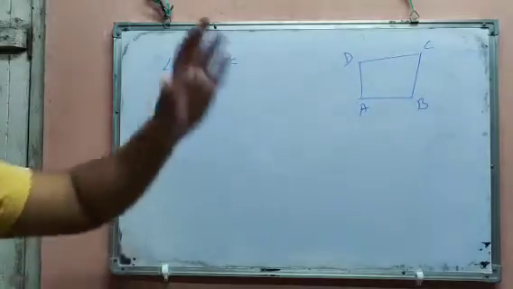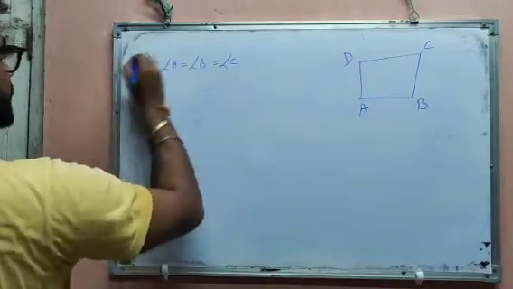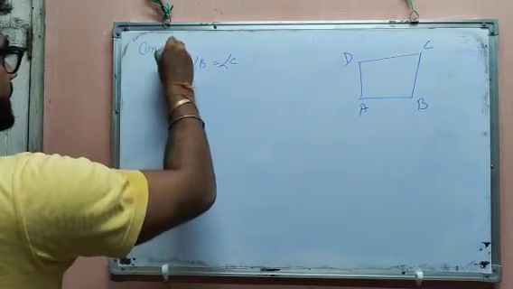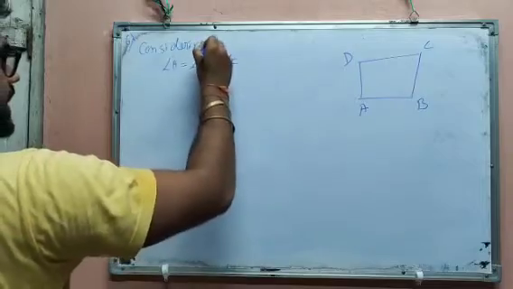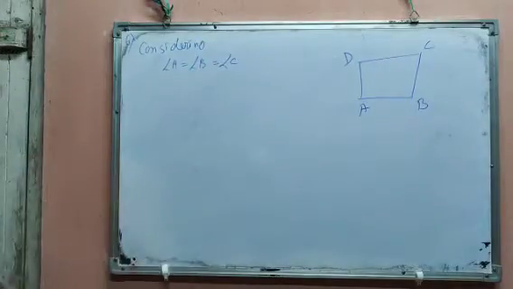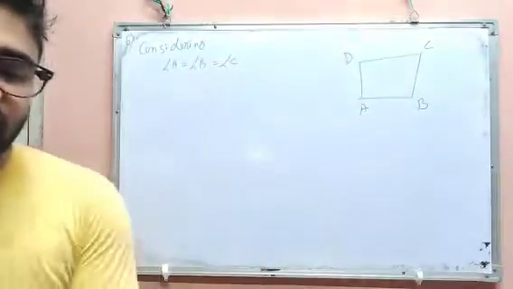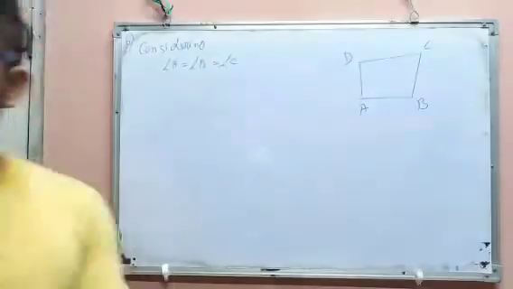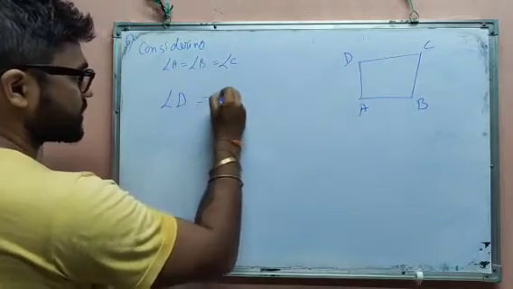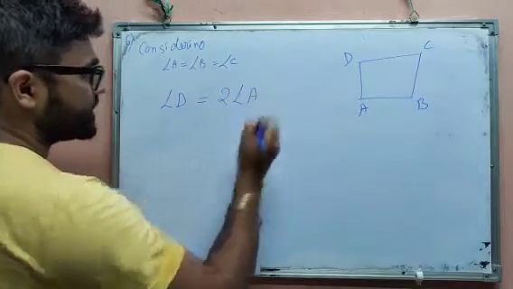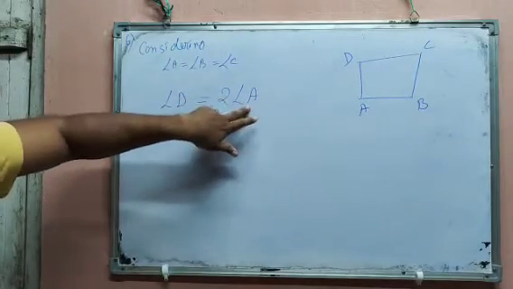Again, the fourth angle is twice any one of the other angles. That means angle D equals twice angle A. Since these three are equal, we take any one of them as A.